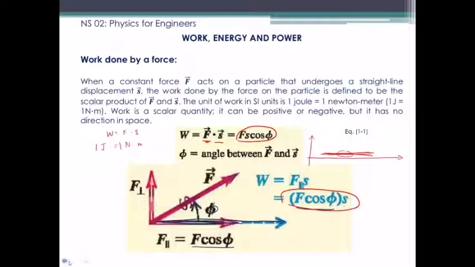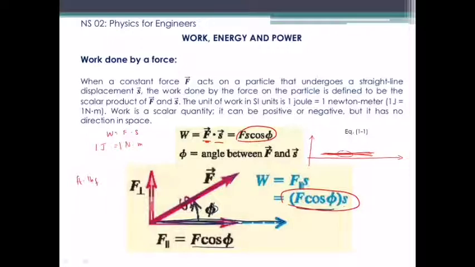Now for English unit, for SI, that is joules. For English unit, our used unit is foot-pound force. Your unit of force is pound force, and then your displacement unit is in foot or in feet.